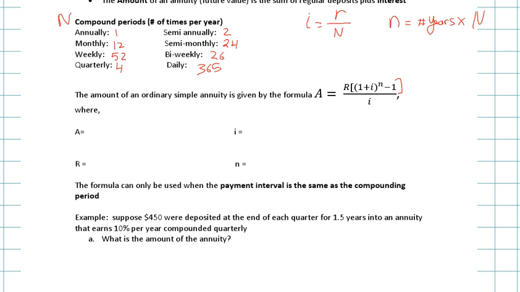Where R is your regular payment. So this is how much you're putting in every month, or how much you're taking out. It's not your initial amount, it's your regular payments.